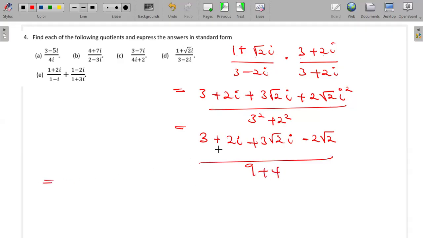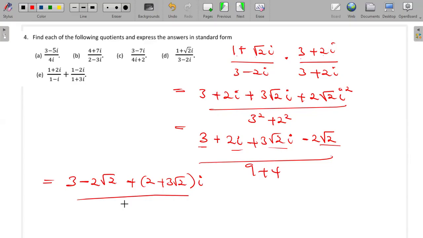So what I'll do, I'll group the real numbers and the imaginary numbers, like that. So you have 3 minus 2 root 2, and the other part, that will be plus 2 plus 3 root 2, then the i there, over 13.